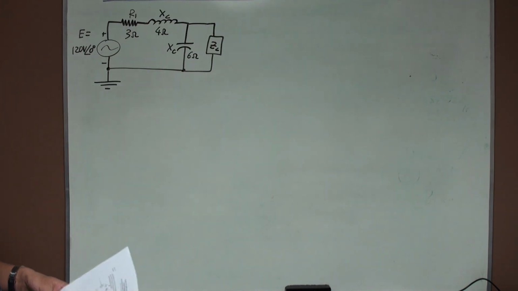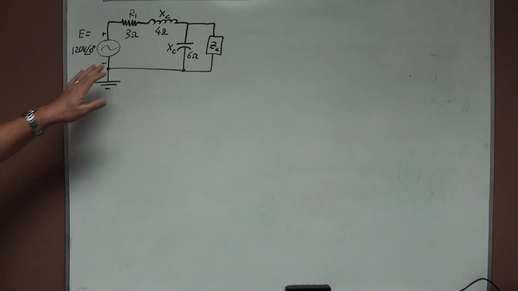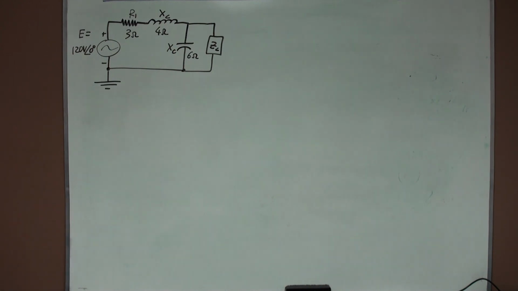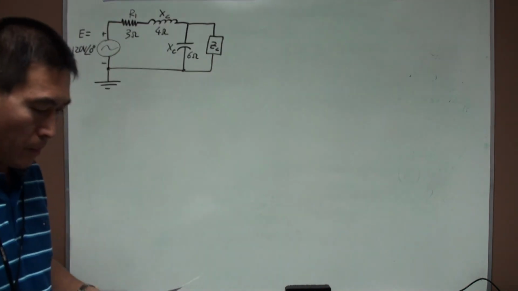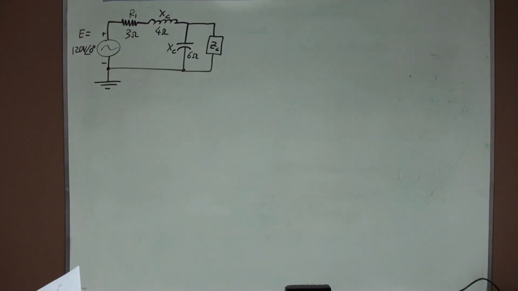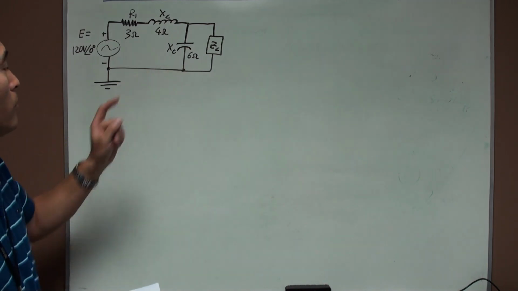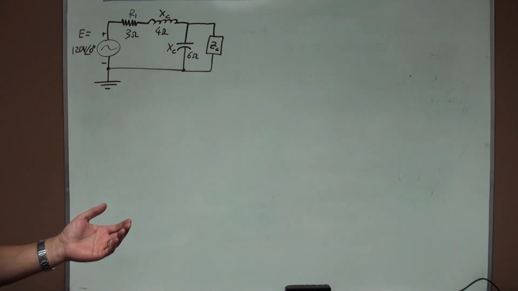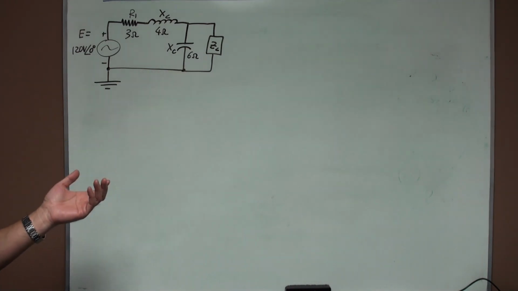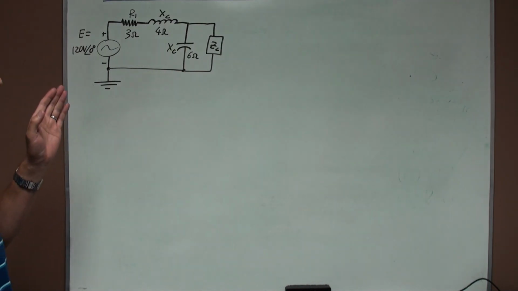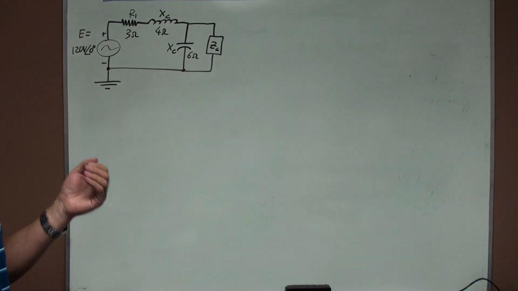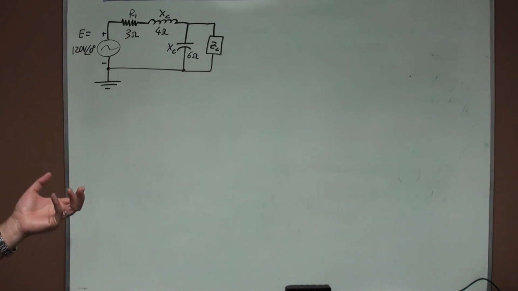So for this circuit, we want to find out the load ZL for maximum power to the load. We know that if the load is the conjugate of the Thevenin impedance, then we have maximum power for the load.